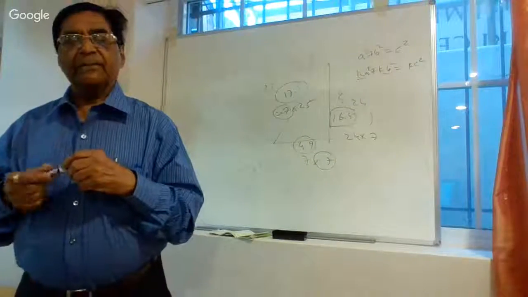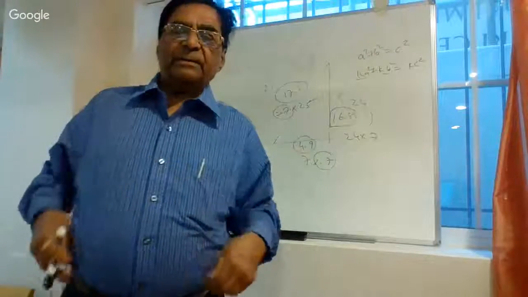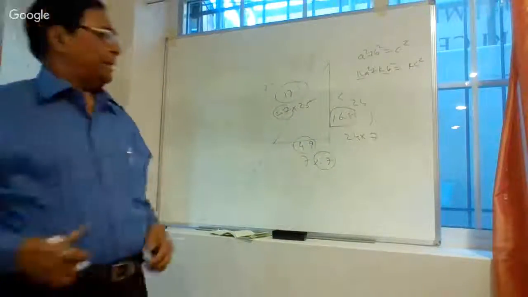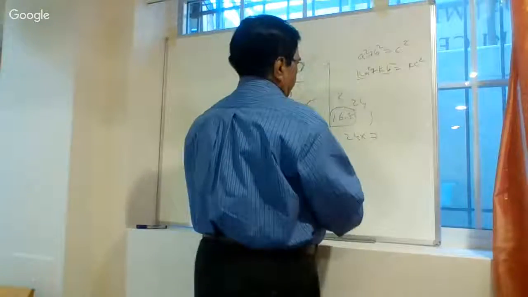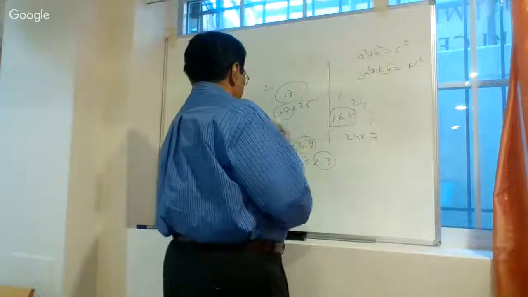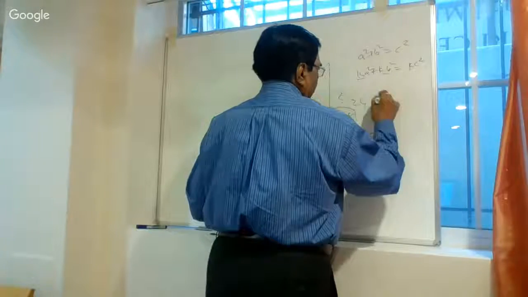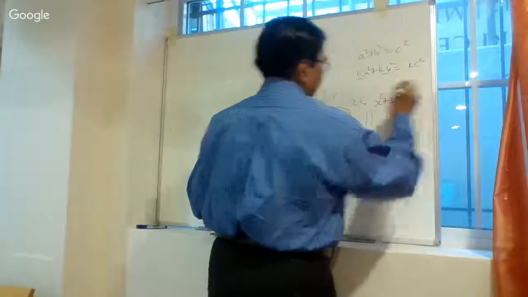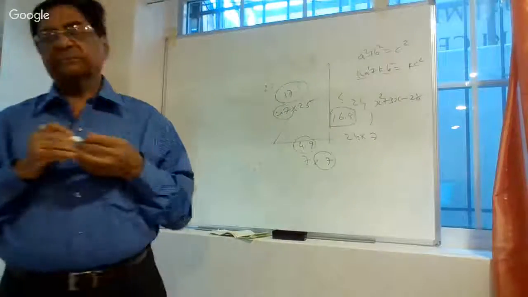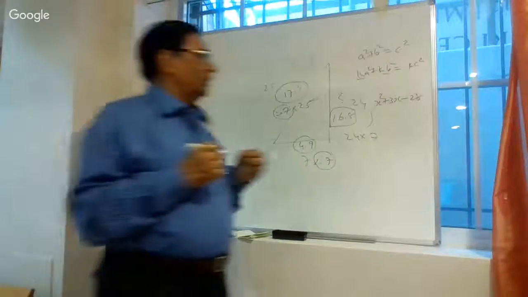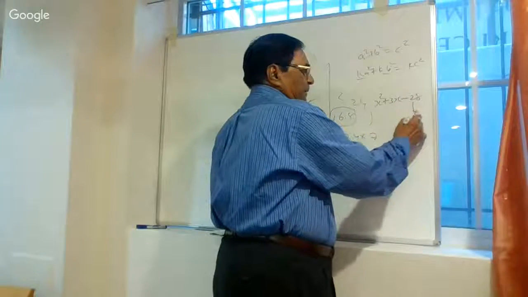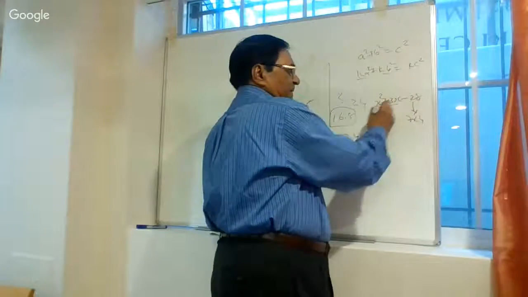You can even do it, the popular method is algebra. But in spite of that, we know it: x square plus 3x minus 28. Generally we know that the factors of this are 7 and 4, and the subtraction is 3.